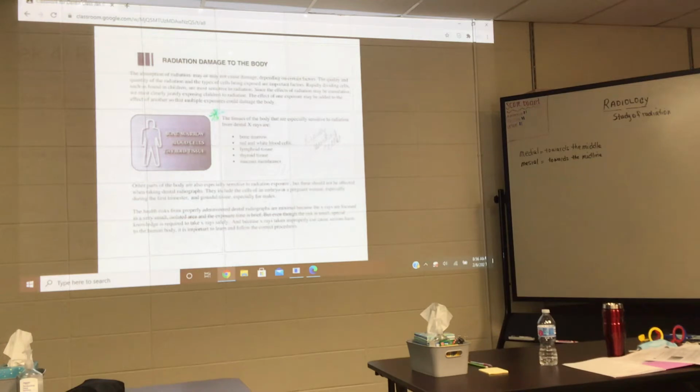And these include the cells of an embryo in a pregnant woman, especially in the first trimester. Why the first trimester? Rapidly dividing cells. That's when the baby's making a baby, okay? You make the baby in the first 3 months. From the second trimester on, the baby's just maturing his organs that he's already developed, and he's also putting on weight, okay?